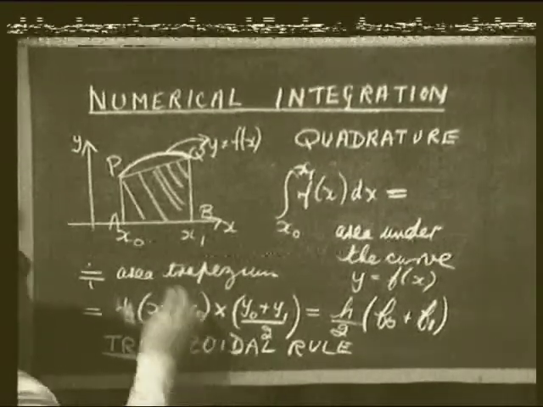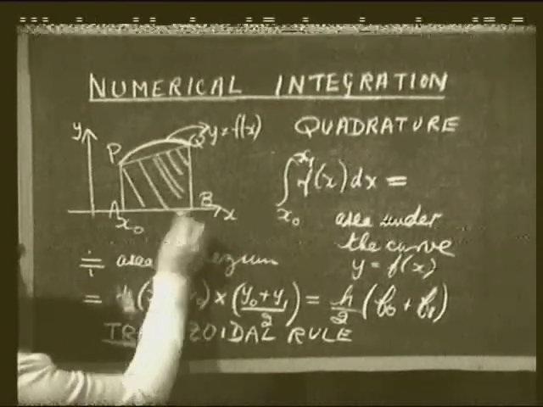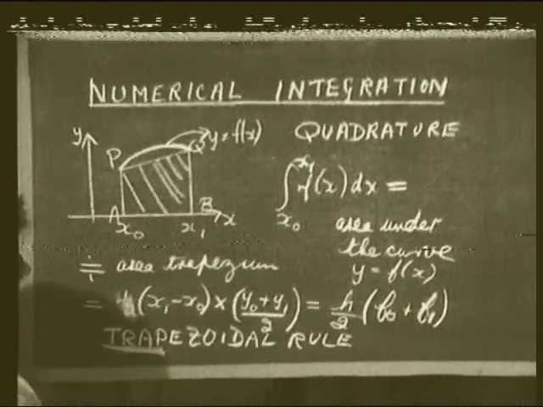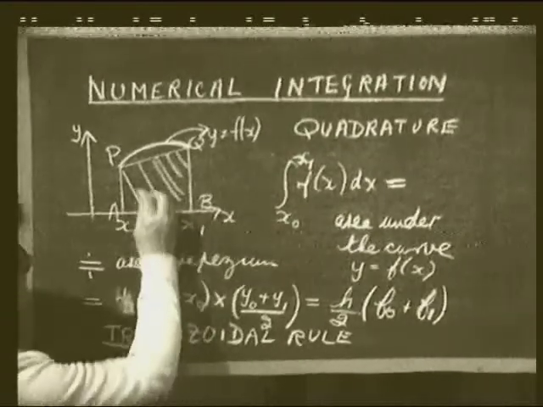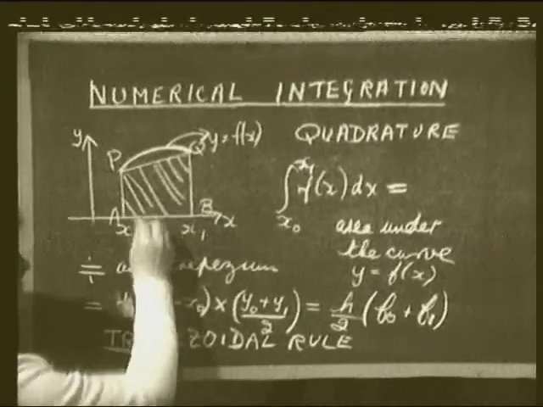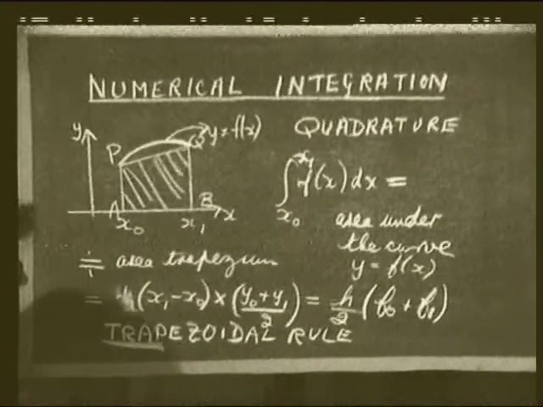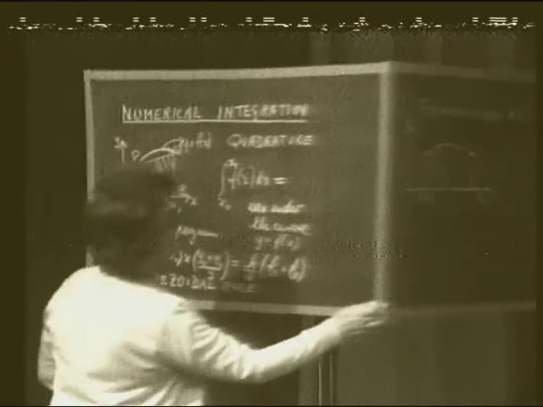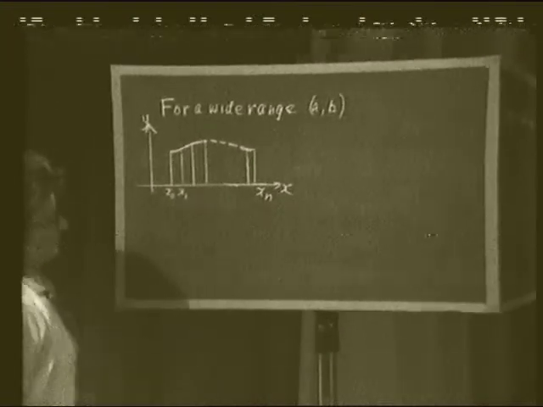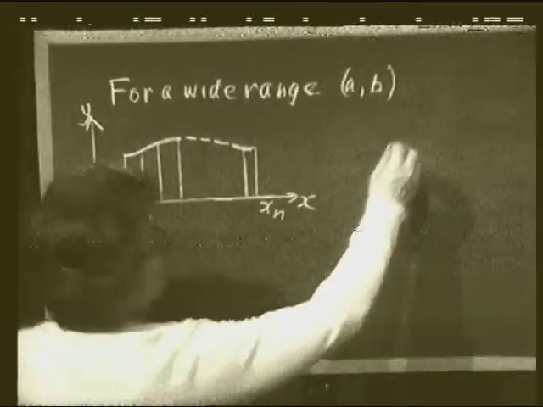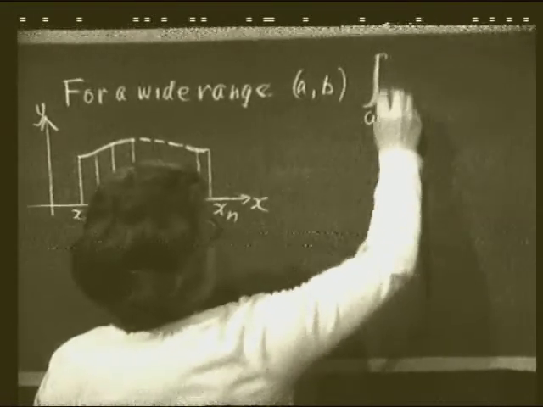Now that's all right if the x0 and the x1 are fairly close together. If they start to get very wide apart, then just one application of this rule is obviously going to be rather inaccurate. So on the board over here, I've got what we do about a wider range. We want to integrate f(x) from a to b.